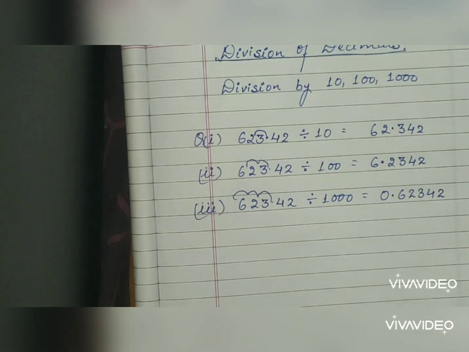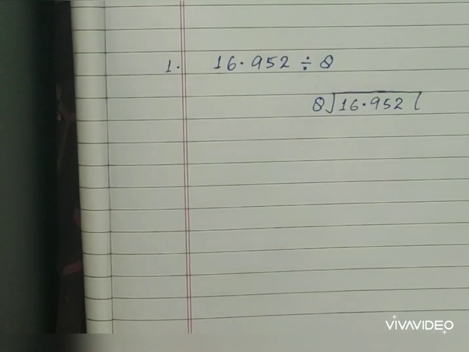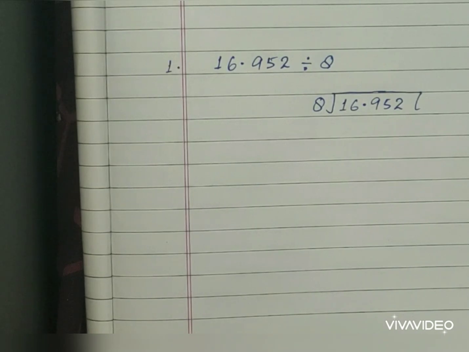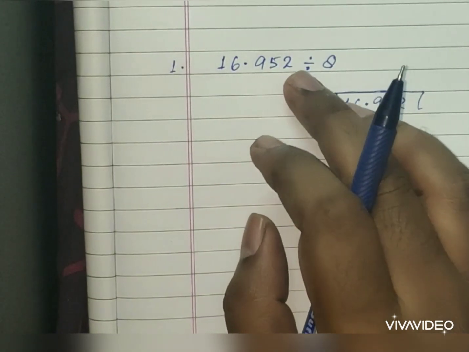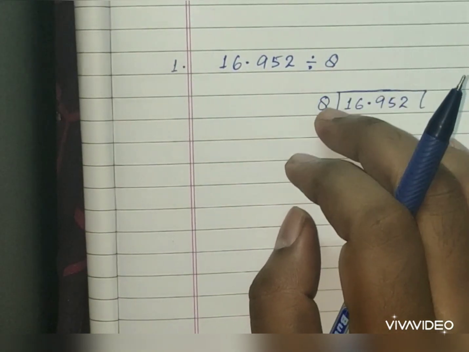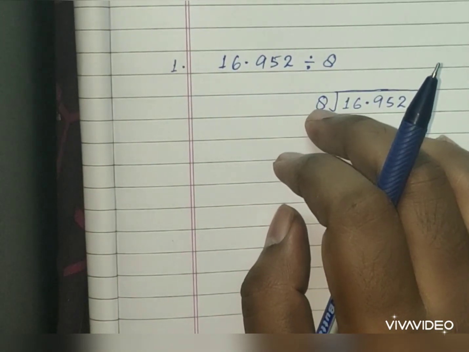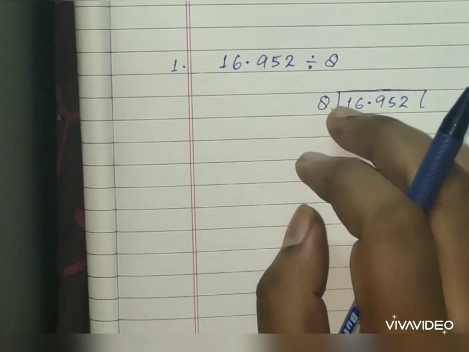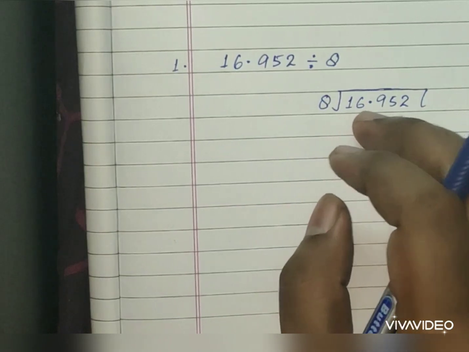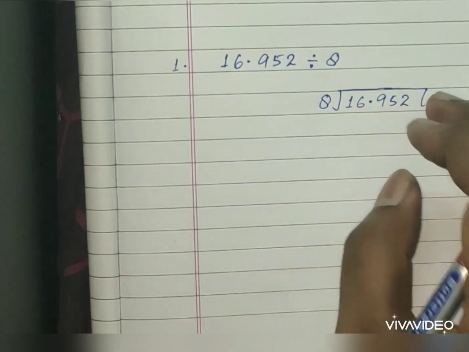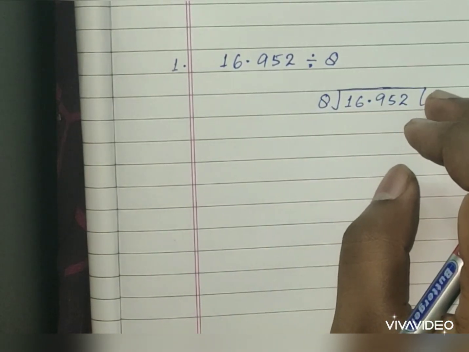Okay, so now let's see how the division takes place in a very ordinary method. So 16.952 divided by 8. Here 8, as you know, is the divisor, and 16.952 is the dividend. Whatever we get will be the quotient.